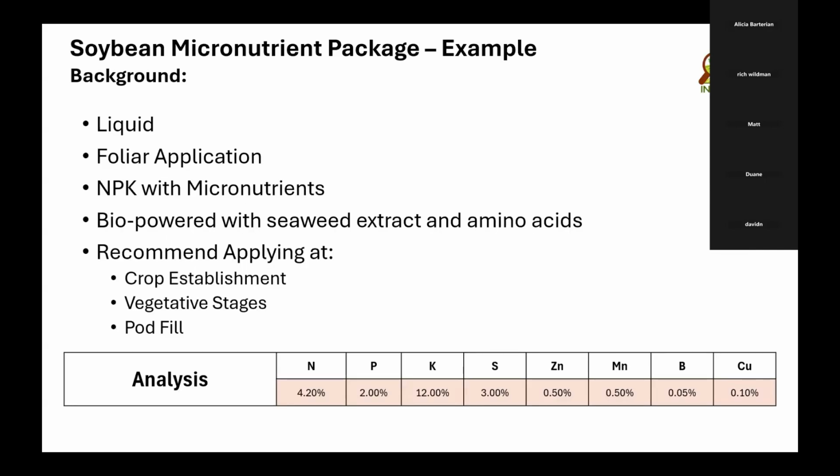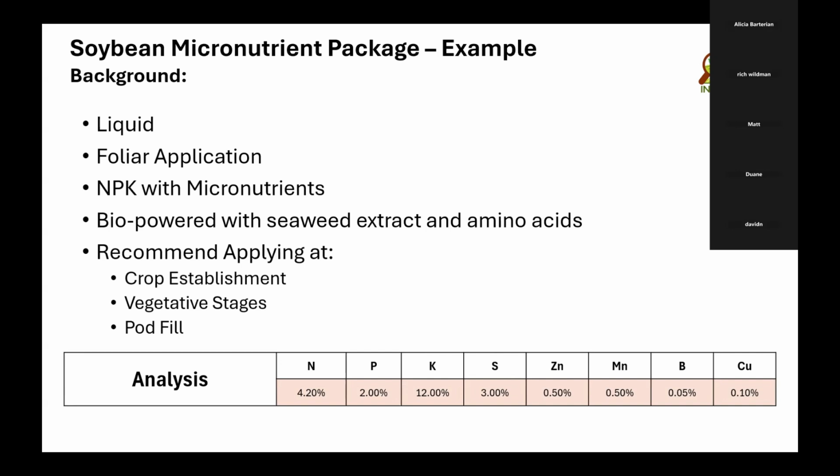So our next product here is for soybeans. It's a liquid product, and they're saying it's a foliar application. It's an NPK with micronutrients. They're saying it's bio-powered with seaweed extract and amino acids. They recommend applying it at crop establishment, vegetative stages, and pod fill.